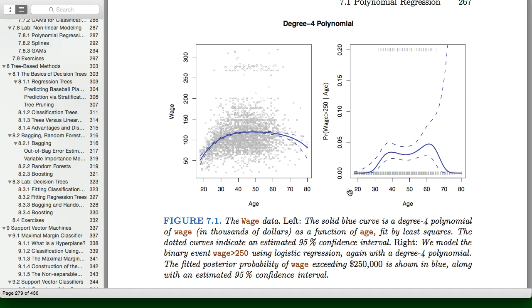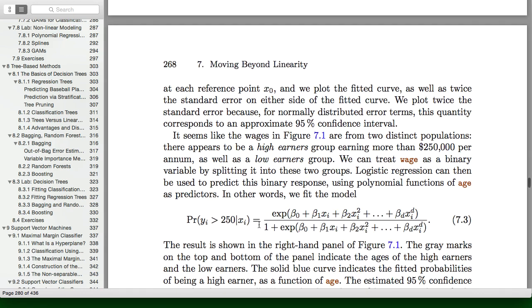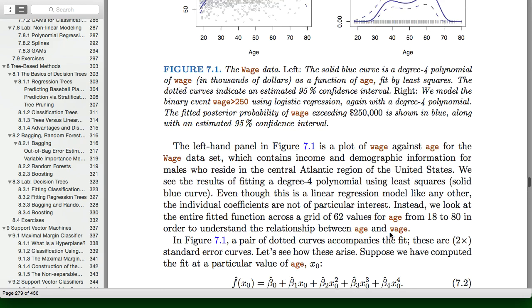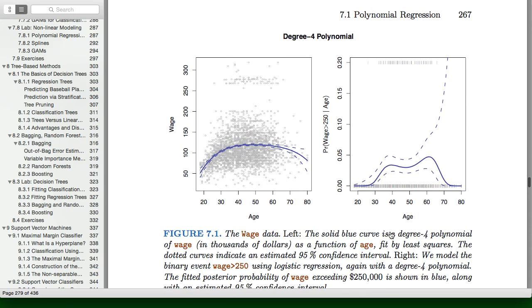So when they do this, this is a logistic regression with the exact same function. So let's just take a look at the logistic regression model. What we've done is taken the familiar logistic regression that we did in a previous chapter and simply plugged in the polynomial function into e to the power of that function over 1 plus e to the power of that function. So when we do that, the event that we're modeling is the probability that a given person is in the high earner category purely on the basis of age.